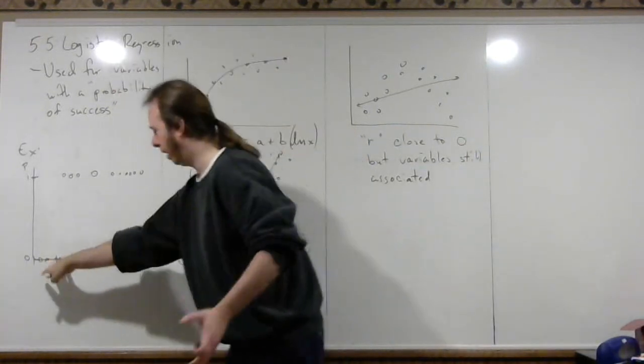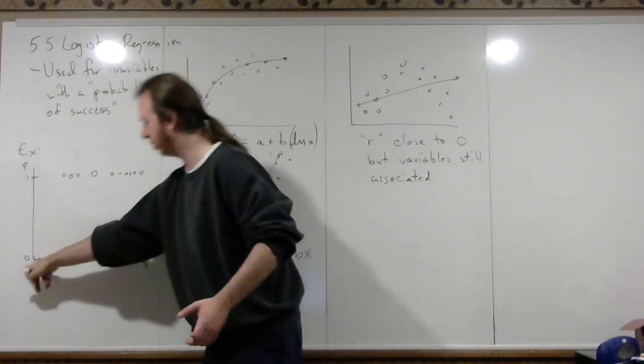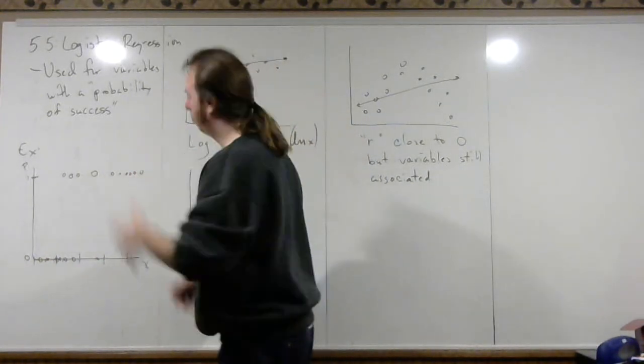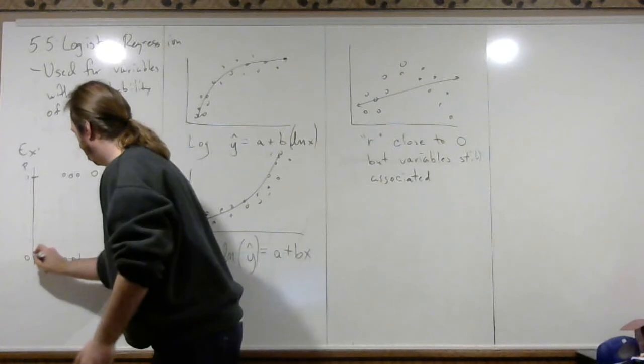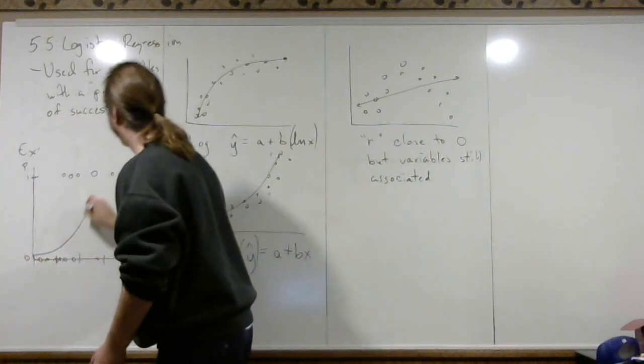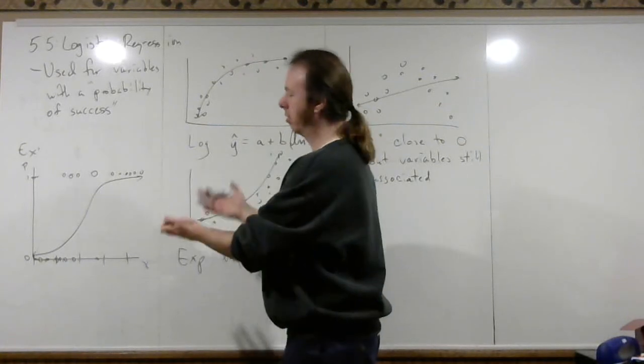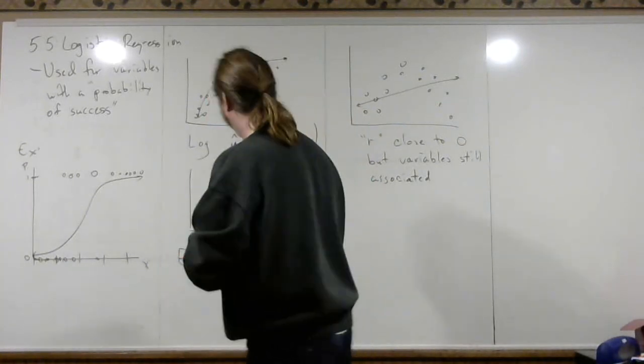So for the low x values, we tend to get zeros. For the higher x values, we tend to get ones. And the model we end up using for something like this is what's called a logistic curve.